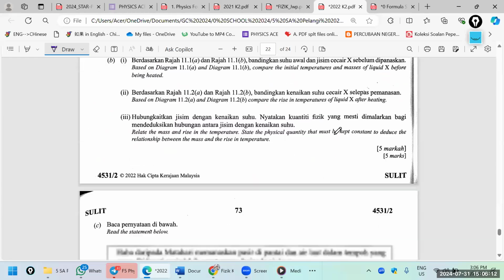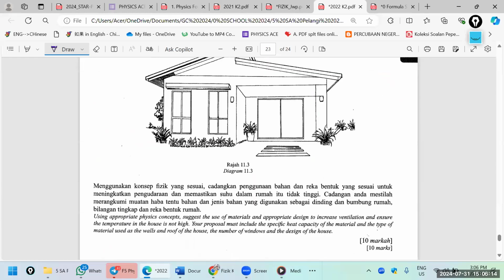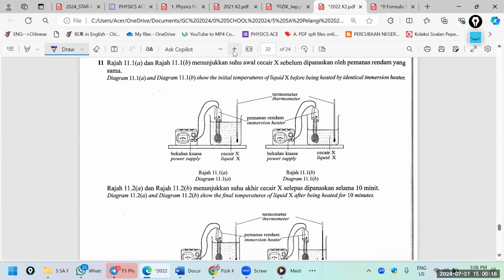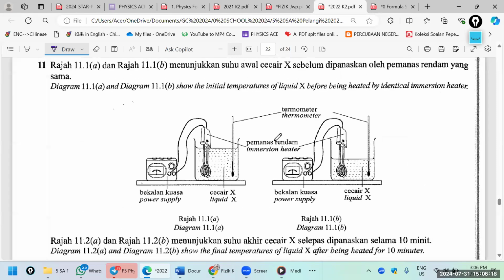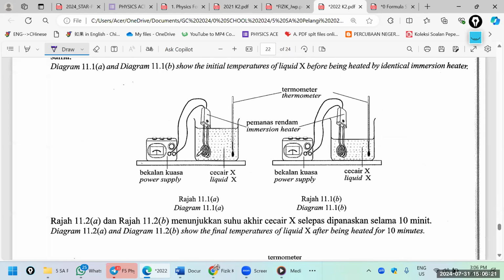Okay, now 11. Read it yourself and do it, and all of you start and go, right?